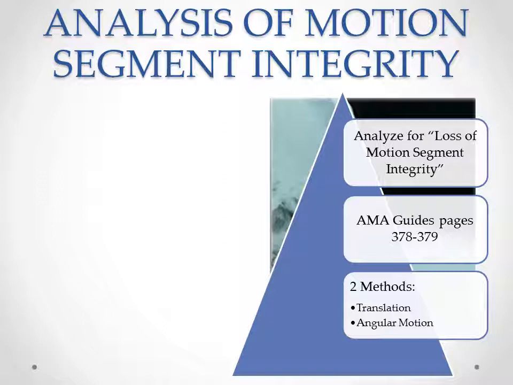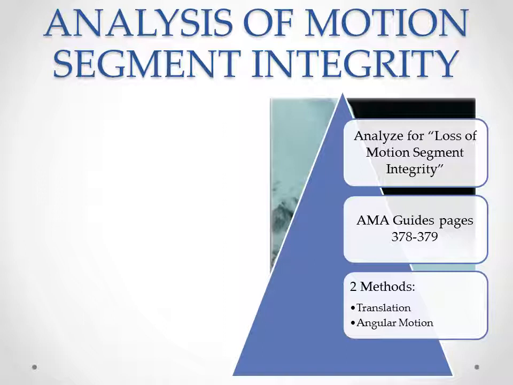Raise your hand. No? You don't do it on every single case? Do you do it on every other case? Every third case? Do you do it at all? I'm going to encourage you to perform an analysis for loss of motion segment integrity on every single spine case.